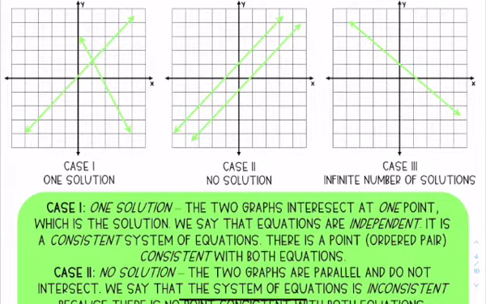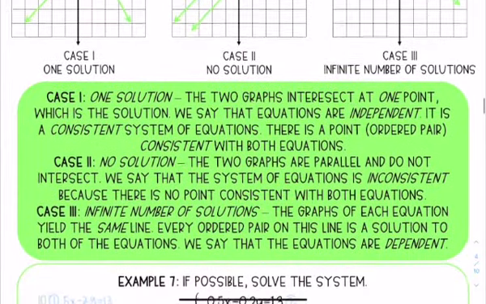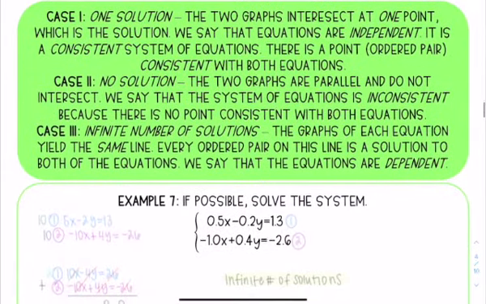One solution is the two graphs intersect at one point, which is the solution, and we say that they are independent. It is a consistent system of equations, and there is a point or ordered pair consistent with both equations. No solution is the two graphs are parallel and do not intersect.